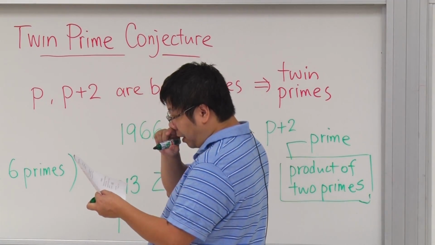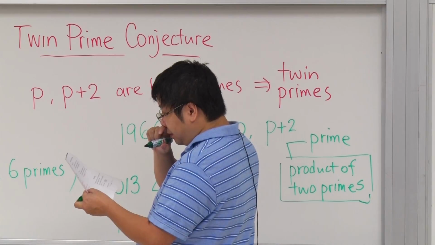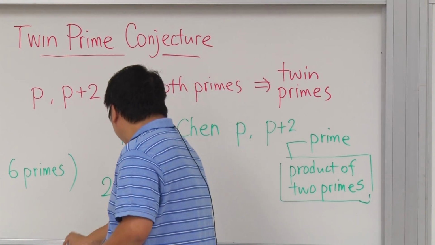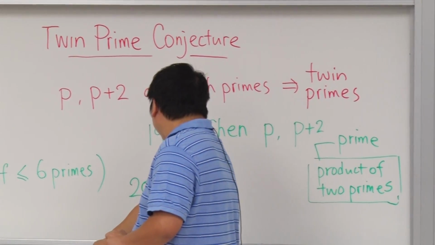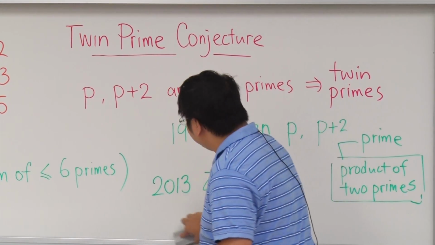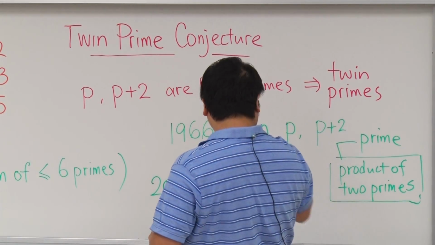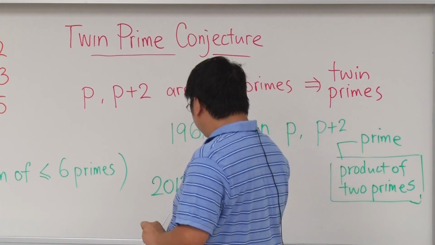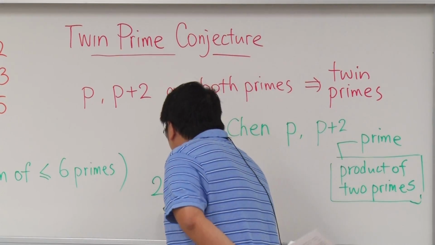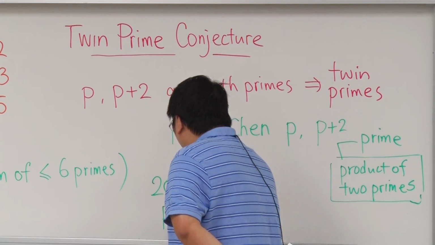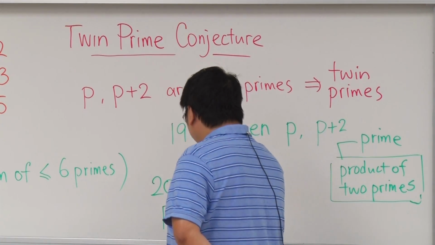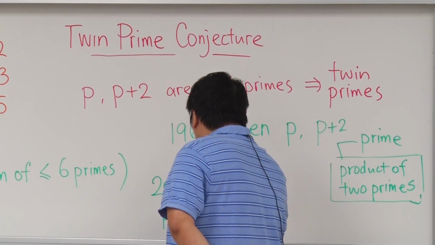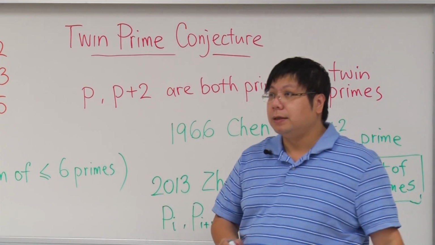So let's say p_i is the i-th prime, and p_(i+1) is the next prime.